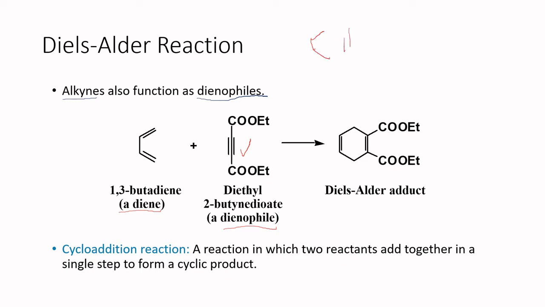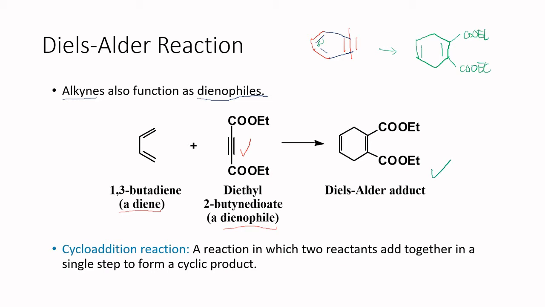When we have a diene like this, we can combine this bond, and then this double bond here will move here, and what we get is this compound, which is the Diels-Alder adduct.